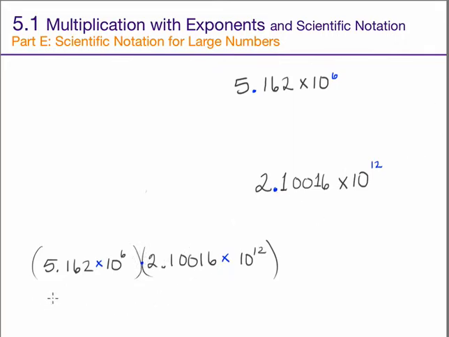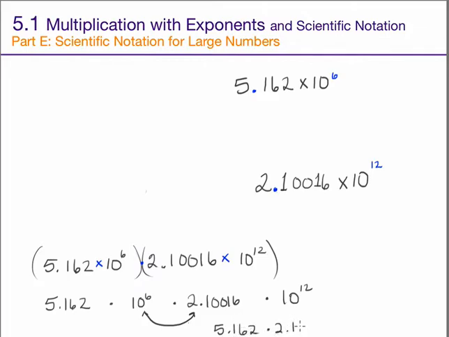So what I really have here now is 5.162 times 10 to the 6th times 2.10016 times 10 to the 12th. Using the commutative property of multiplication, I can rewrite this problem as 5.162 times 2.10016 times 10 to the 6th times 10 to the 12th.